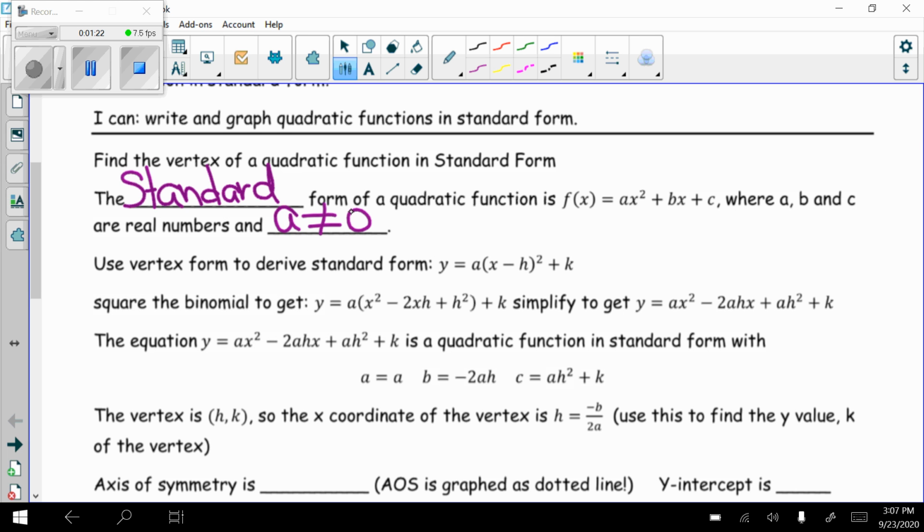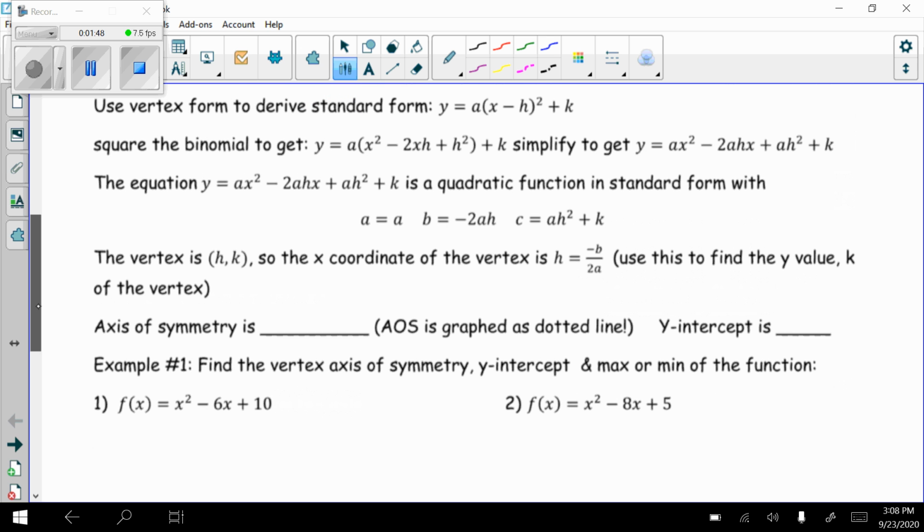And then it just says if you distribute your a with all of that and simplify, you get the ax squared minus 2ahx plus ah squared plus k. Okay? And then it tells you that a is equal to a, the b is the negative 2 times a times h, and the c is a times h squared plus k.